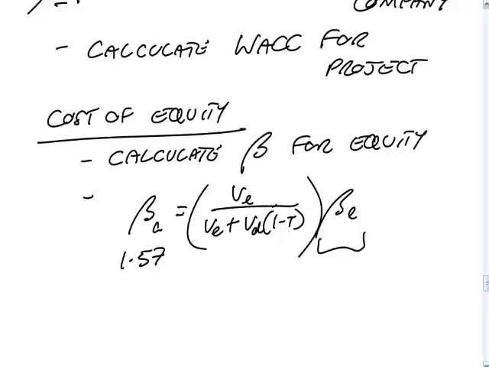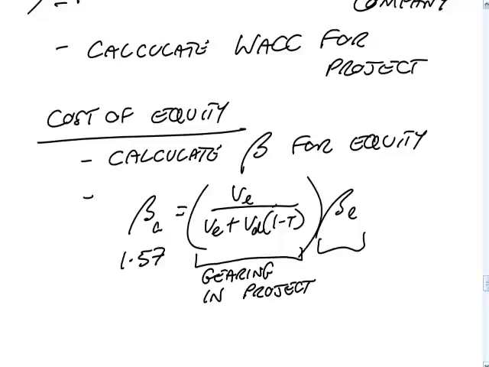The project is financed 50% equity, 50% debt in Part B. We use here the gearing of the project. We're treating the project as a little company all by itself. The project in Part B is geared 50%, 50%.